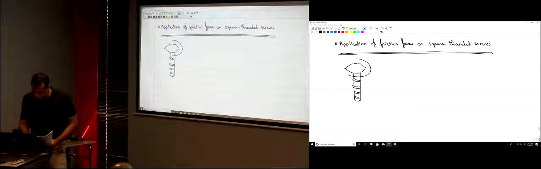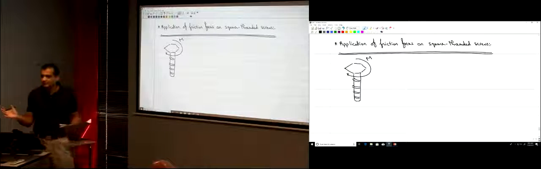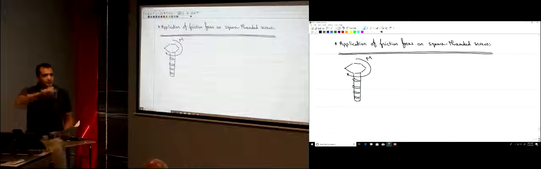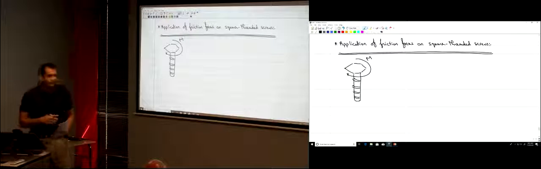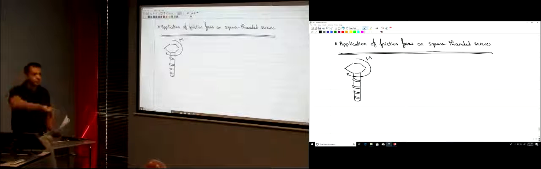Simply, you apply a moment here, M, to make this screw move up or down. That's the purpose of the screw. You just rotate it, and then it moves up or down. So you transfer the moment to a vertical, longitudinal motion.